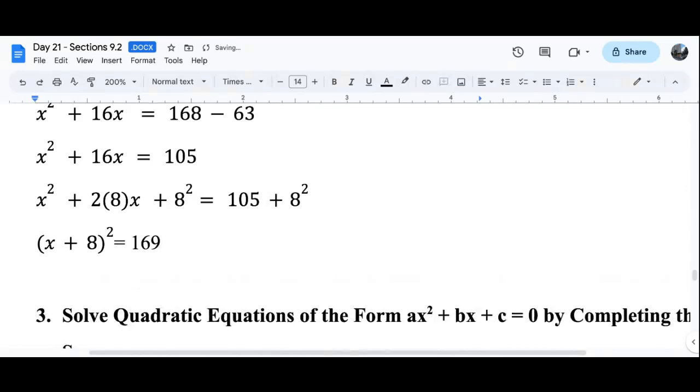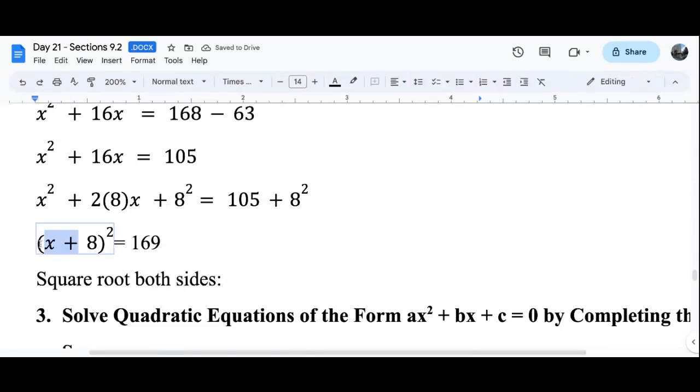See, I complete the square. Then I square root both sides. If I square root the left hand side, I get x plus 8. If I square root the right hand side, I get plus or minus 13, because the square root of 169 is 13.